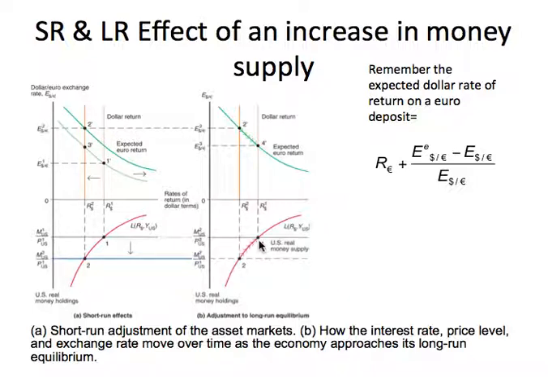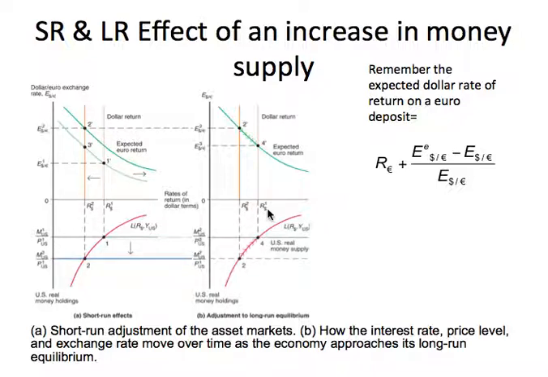As it goes back to its original position, the interest rate also comes back to its original position R1. So the interest rate in the short run did go down from R1 to R2, but in the long run, because of the adjustment of the price level, the interest rate will just come back to R1.